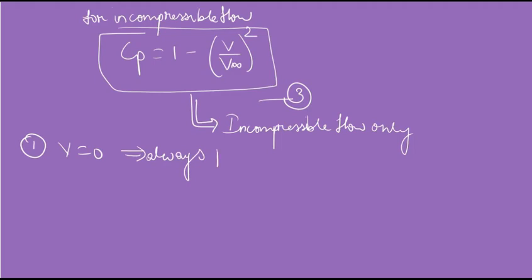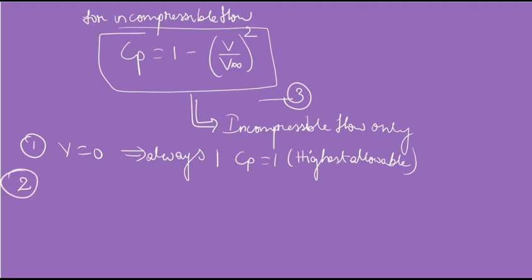Correct? So this is for the stagnation point. This value of 1, Cp equal to 1, is the highest allowable value. So you cannot get Cp beyond this. This is the highest value you can get for Cp anywhere in the flow field. This was about incompressible flows.